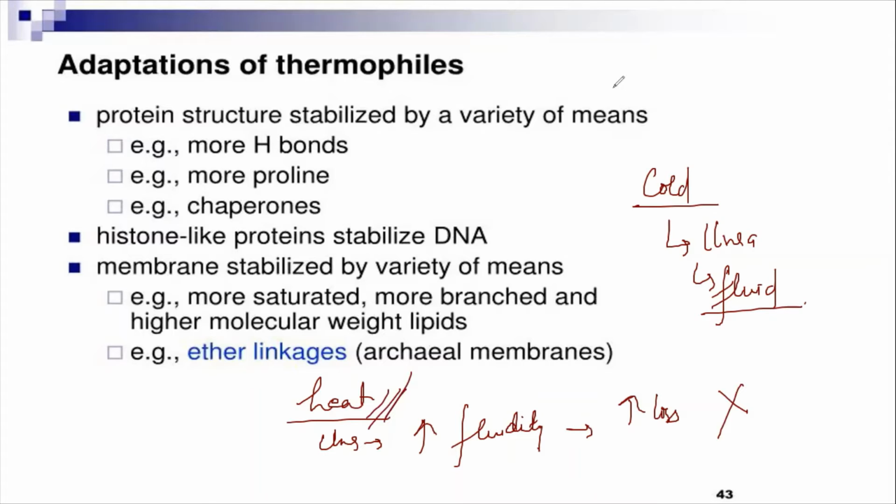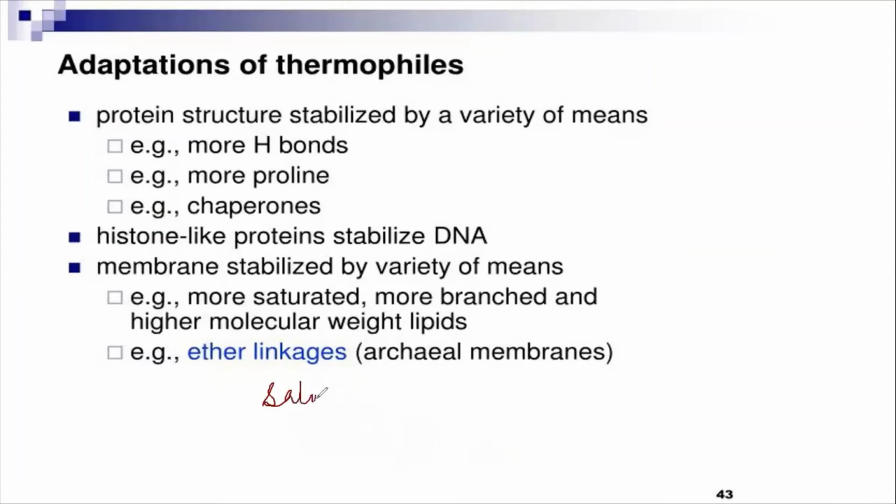Instead, we are going to have saturated fatty acids, so that it can decrease the fluidity of the membrane, which got increased because of higher temperature. Clear, guys? Like when it is saturated and when it is unsaturated, and why?